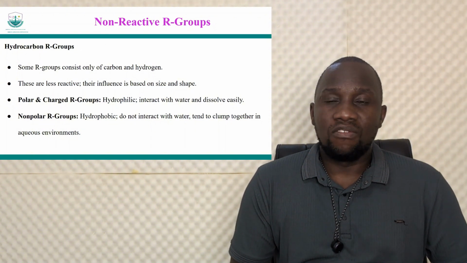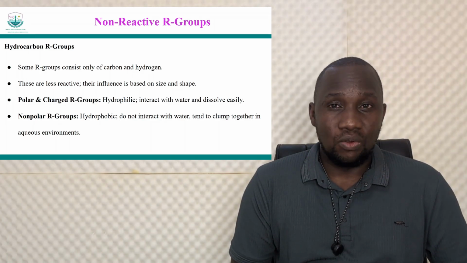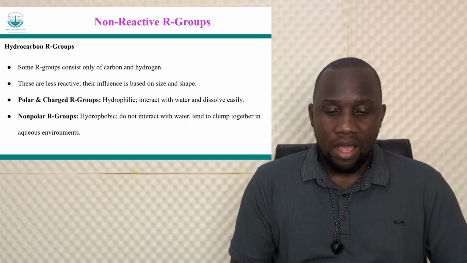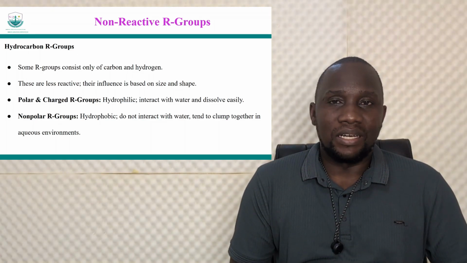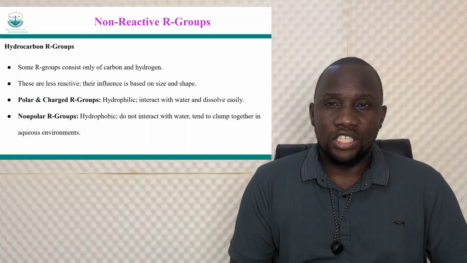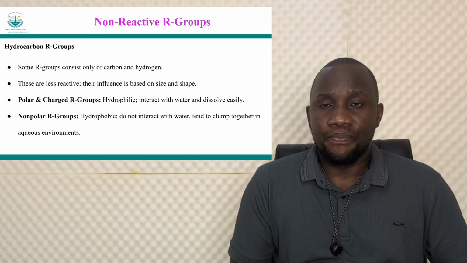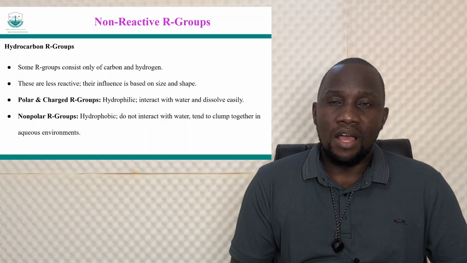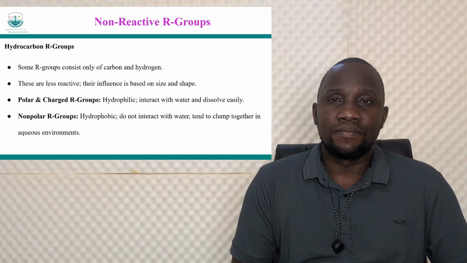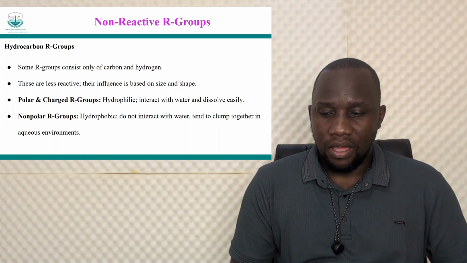So if you have a long chain of hydrocarbons, then you cannot expect to have a polar hydrophilic amino acid. If you have a long chain of hydrocarbons in the place of that R group, you could expect that you have a hydrophobic, non-polar amino acid.